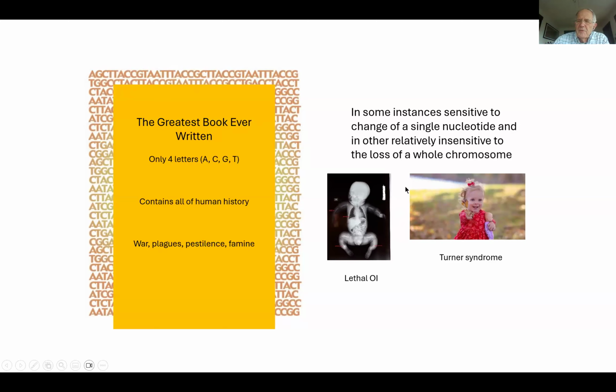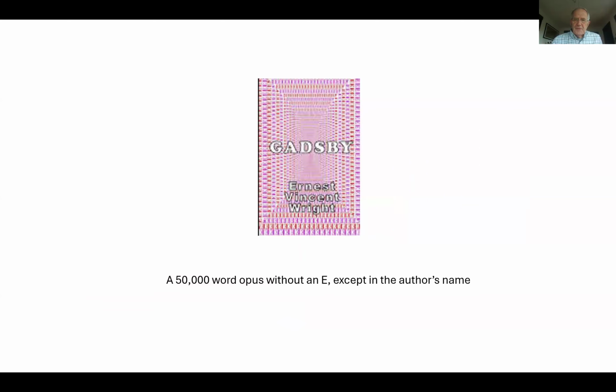And in others, you can lose almost a whole chromosome, or essentially a whole chromosome, and have Turner syndrome, which is a relatively mild condition. And how that happens has been of interest to us as geneticists and to you as people who take care of or are in families with genetic conditions. And I'm going to try to get to that.